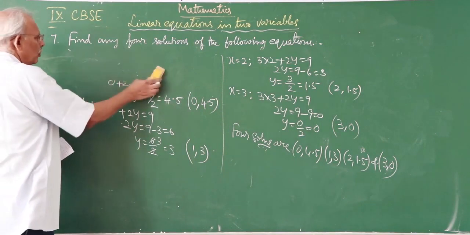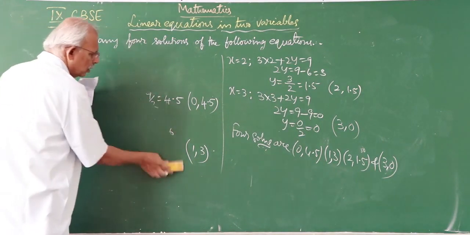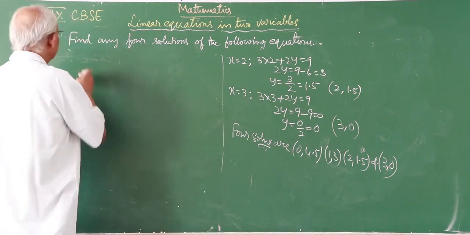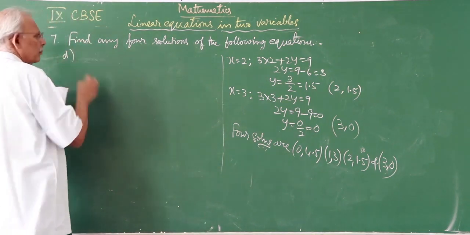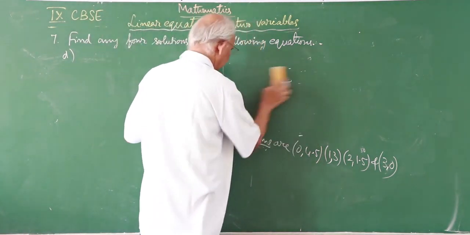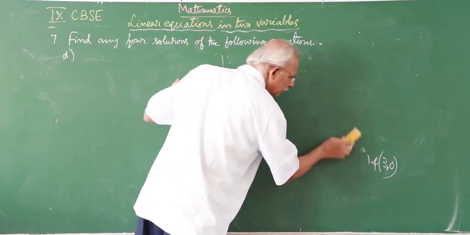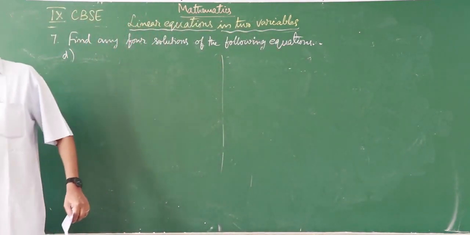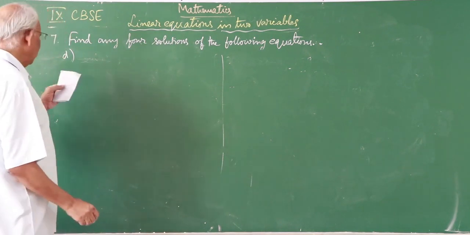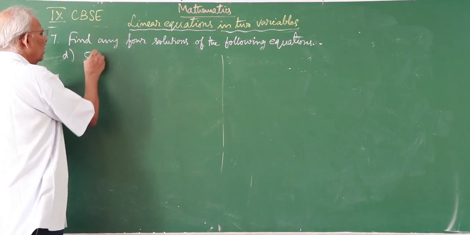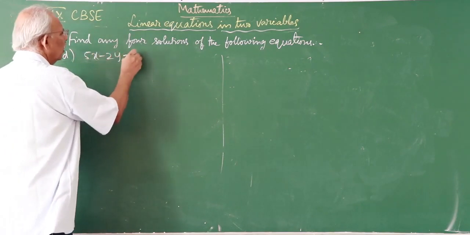Now I shall do one more. Now look here. 5x minus 2y equals 3.